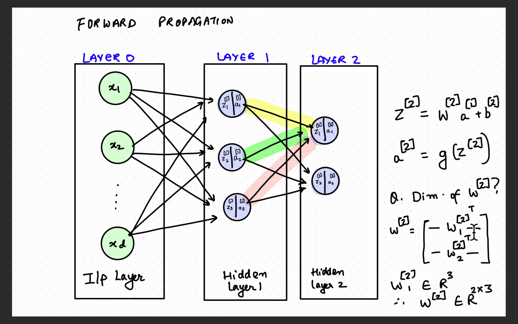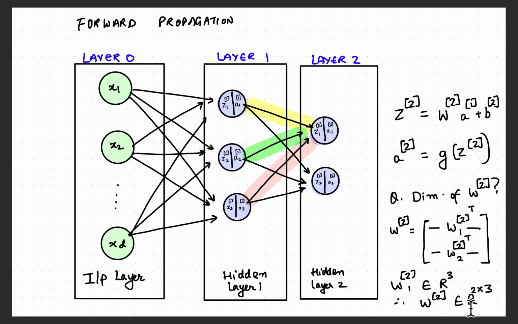W square bracket 2 subscript 1 is three elements, and W square bracket 2 contains now two rows corresponding to the weights coming into the first node and the weights coming into the second node. So we have two such rows. Thus, the dimensionality of W square bracket 2 is R2 cross 3.